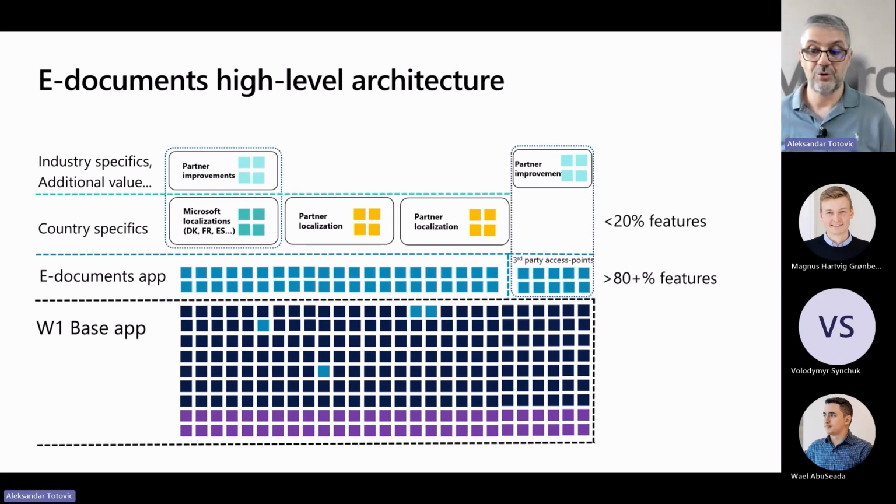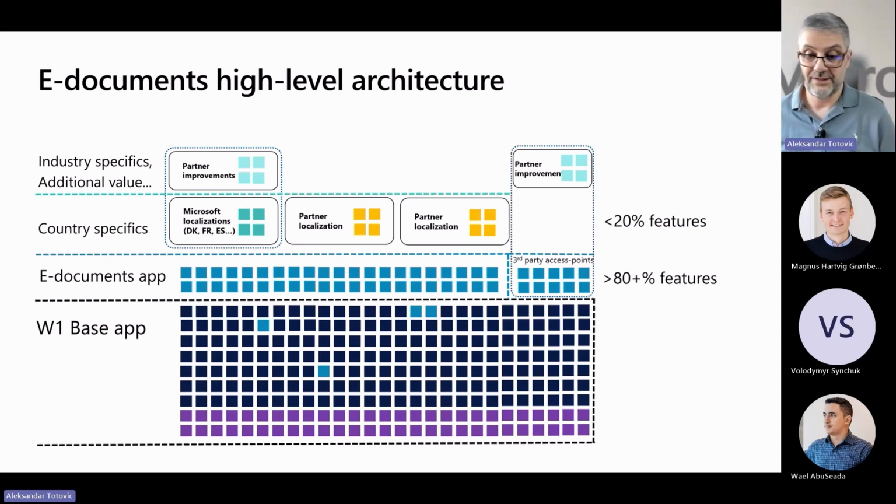But there is also an opportunity for third-party access points. Third-party access point providers, not ours, in general, third-party access point providers, will be able to extend these features of these apps as well. Now I'm talking about third-party access points app.